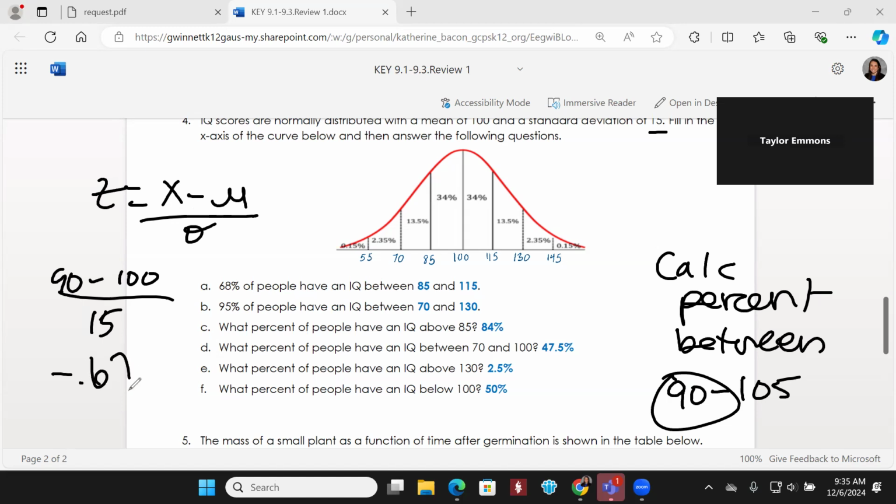Okay, so negative 0.67. We're going to go into our table and look for negative 0.67, and then pull the number that's associated with that. Do we need to show you how to use a table?